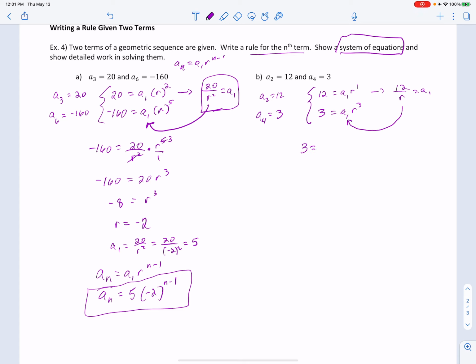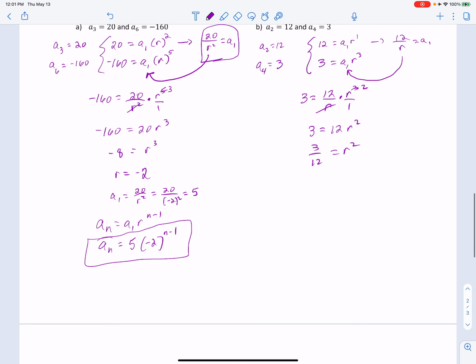And we get 3 is 12 over r times that r cubed. And we can think of that as over 1. And now this r can take out one of those, leaving r squared. So I have 3 equals 12r squared. Be careful. I see people get 4 here instead of 3 over 12. Be careful, be careful, be careful.